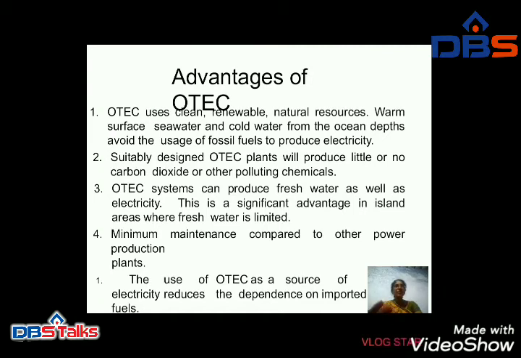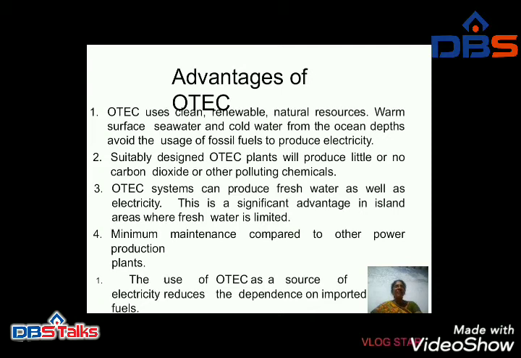It is a resource for onshore and nearshore mariculture operations, and it also provides air conditioning for buildings, and it also provides moderate temperature refrigeration. And we have taken some more advantages.